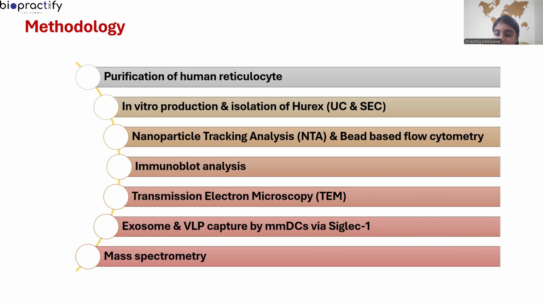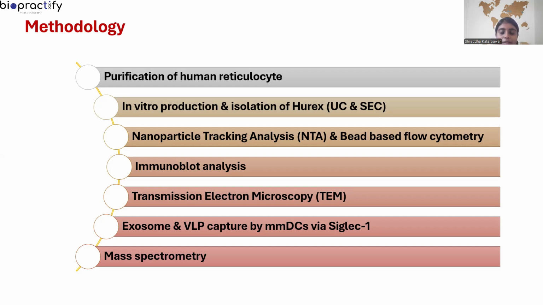The exosome-containing supernatant was loaded onto a column made up of cellulose, and the sample is passed through the column.